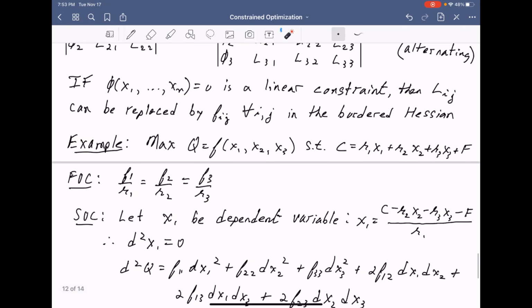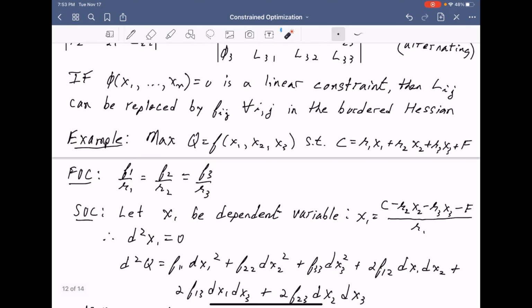So for example, let's look at production, where the production function is a function of x1, x2, and x3 subject to some cost, which is equal to the input price of x1, which we denote as R1, plus the input price of 2 multiplied by x2, and then the input price of 3 multiplied by x3, plus this F, which is our fixed cost.